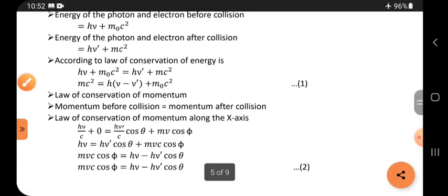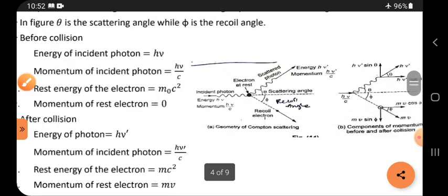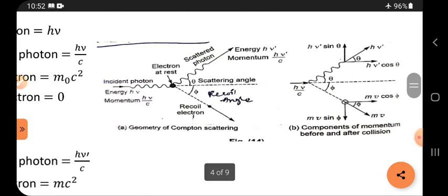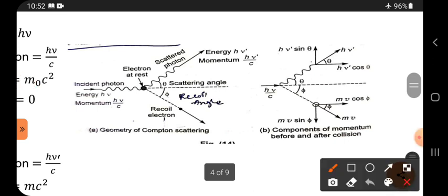Next, along x direction, see the diagram once again. Here it is the x direction and this is the y direction. Here also it is x direction and y direction.